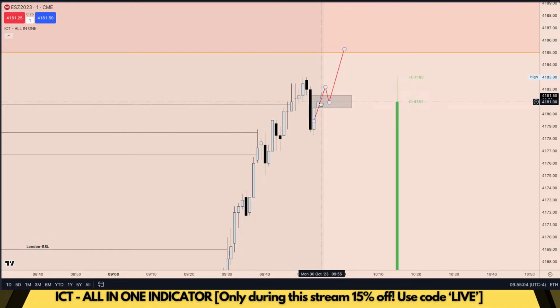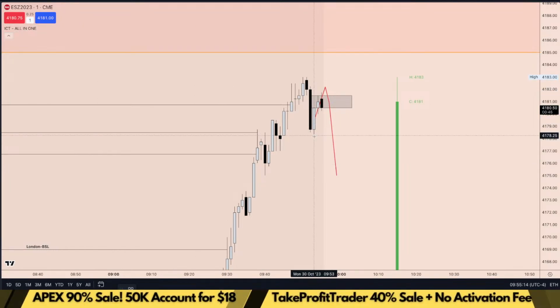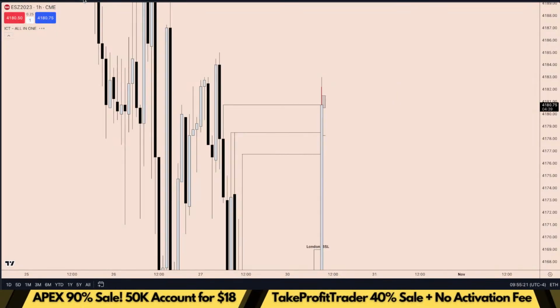Now we get a bullish volume imbalance. We want to see the close above though. If we do not close above, what we'd see then likely is a run on short-term lows with a little break of structure. It's a scalping opportunity, but be aware that you're going against all the other time frames.